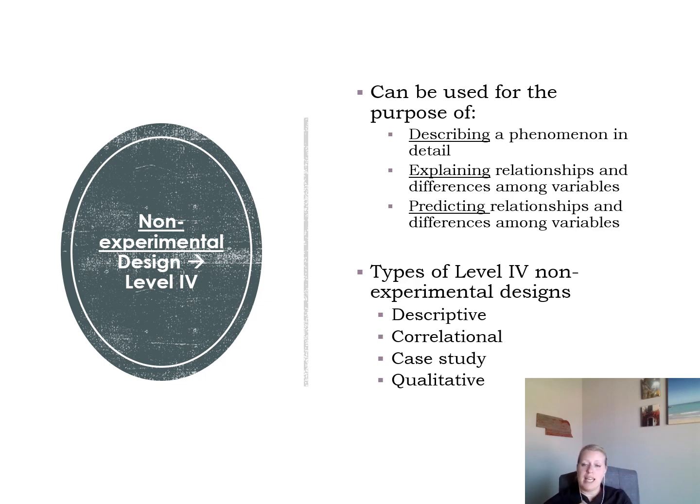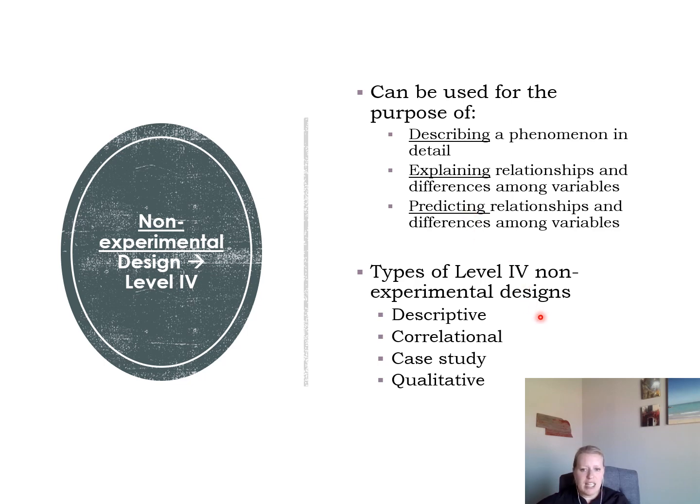And so again, experimental, non-experimental, level 4 evidence is still really important evidence. We just don't know enough to be able to do an intervention. So again, this describes, it explains relationships, you can predict relationships.